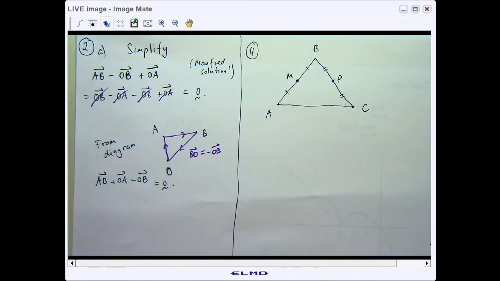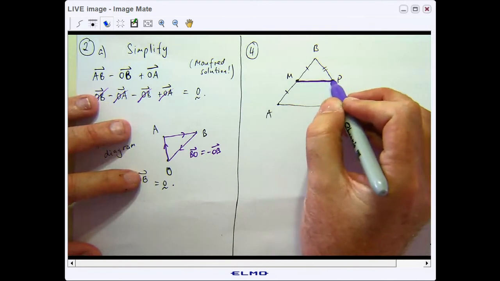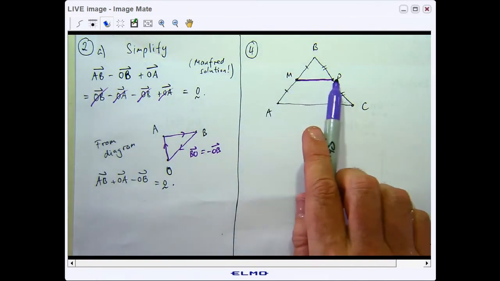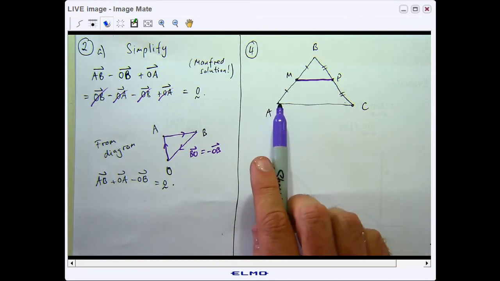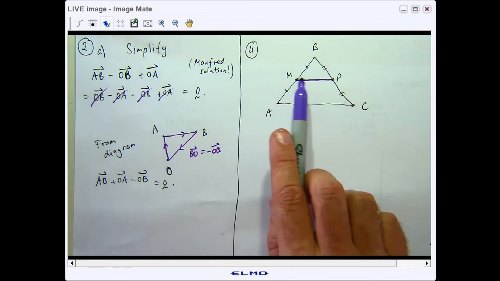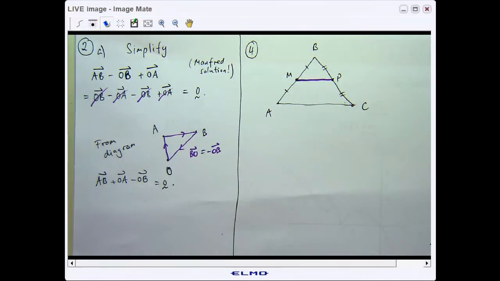Okay? And what they're asking you to do here is to show that this line MP is half the length of AC, right? So MP is parallel to AC and it's half the length, all right?